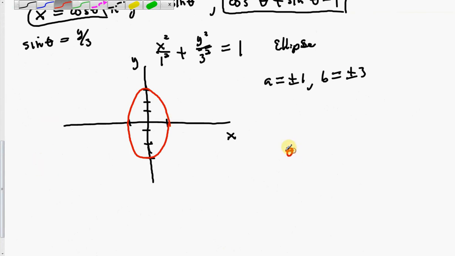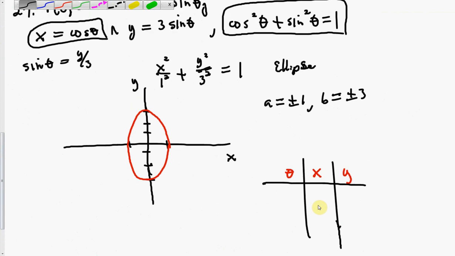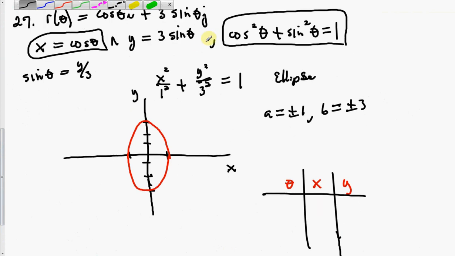So we have theta and then x and y. So theta is 0, so cosine of 0 is 1 for x, and when theta is 0, sine of 0 is 0.